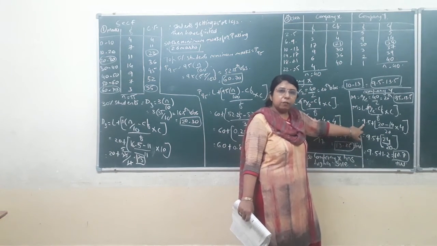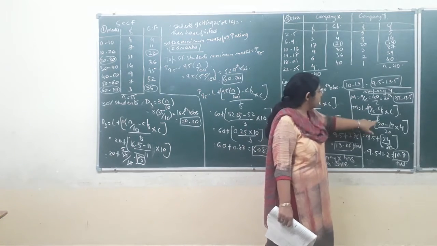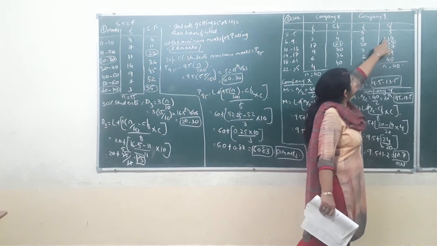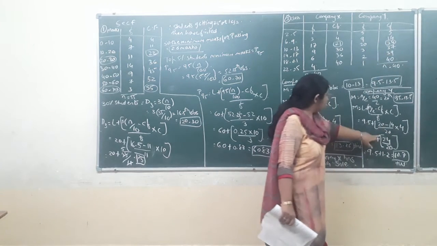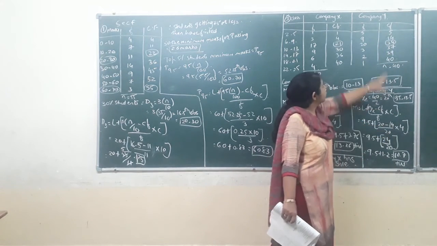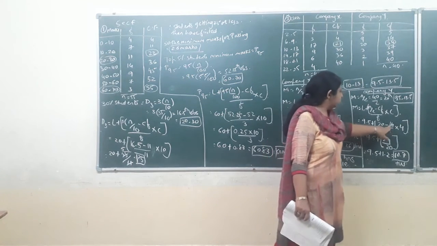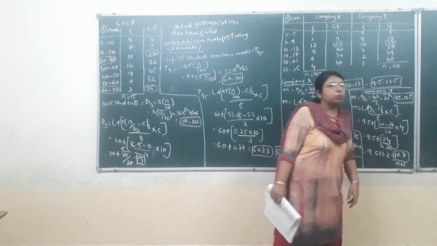That is 9.5. 9.5 plus n by 2, that is 20. 20 minus CF, CF of the previous class, that is 14. So 20 minus 14 upon frequency of the same class, that would be 20. So 20 minus 14 upon 20, and class length would be 4.